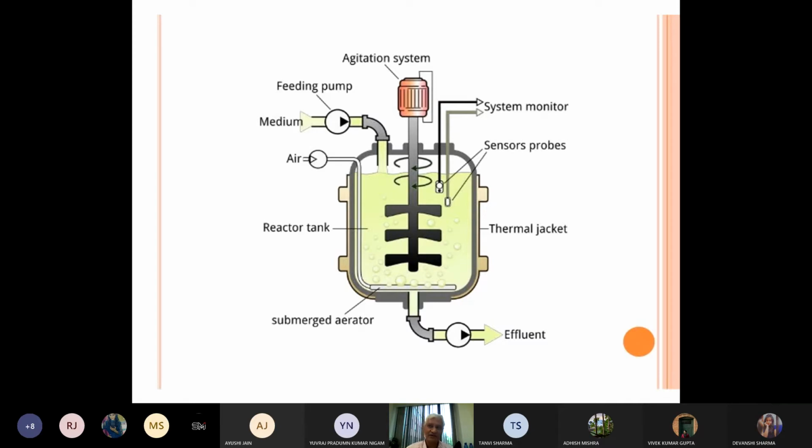But yes, for your research, the strain which you have identified and which you have said in a laboratory is producing the compound of my interest, whether antiviral or an enzyme or any other biological product, you have to see whether it produces in a fermentation condition. So today we'll learn fermenters, correct?